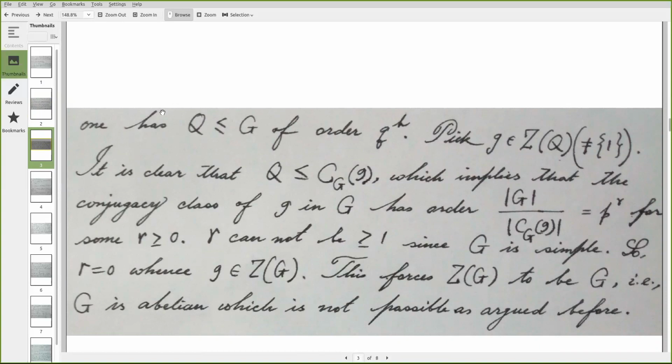Thus Q is a subgroup with order some power of a prime. So again, Q has non-trivial center.